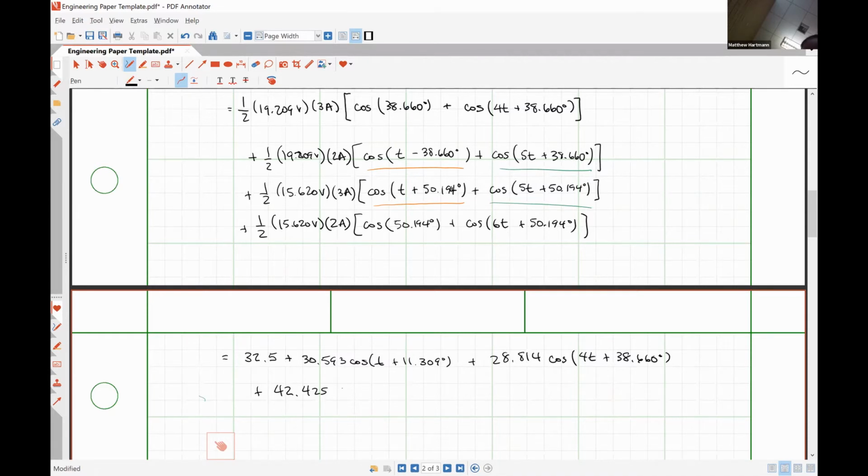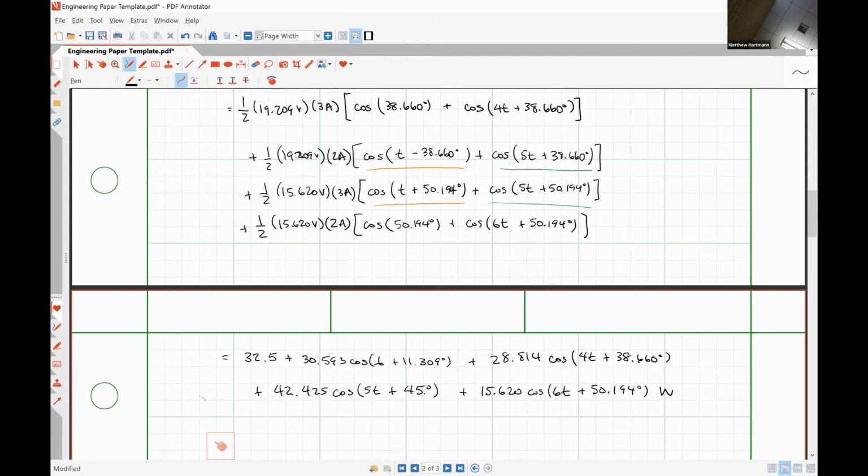That gives 42.425 cosine 5t plus, let's just call it 45 degrees. And lastly, I'm going to have 0.5 times 15.620 times 2. Oh, well, that should have been easy enough. 15.620 cosine 6t plus 50.194 degrees watts.